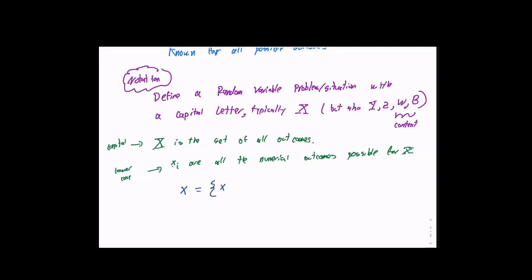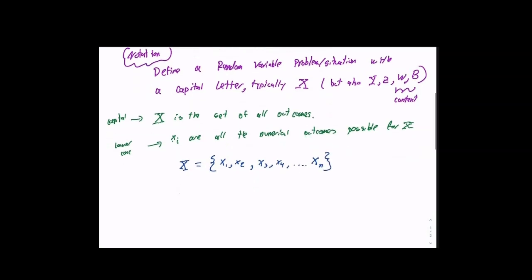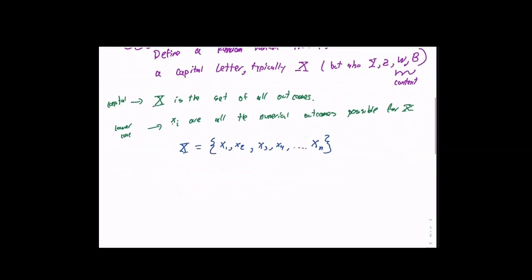So we say X1, X2, X3, X4, dot, dot, dot, Xn. And each of those are the possible outcome values.